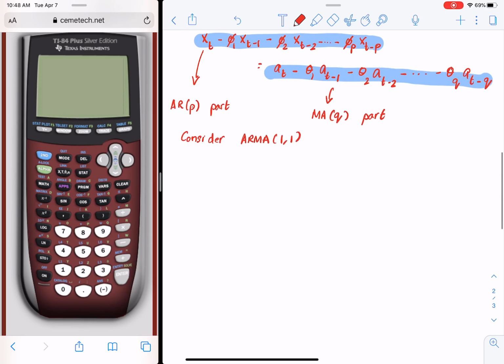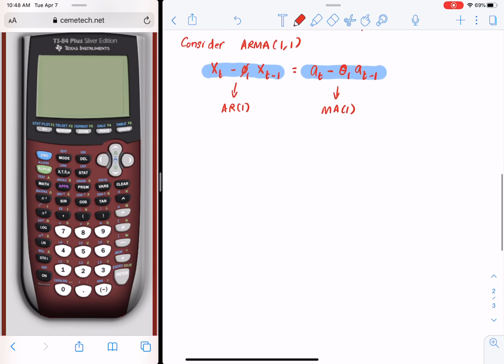So we will have X_t minus phi_1 X_{t-1} equals a_t minus theta_1 a_{t-1}. So we know that that is an AR(1) model and that is an MA(1) model.